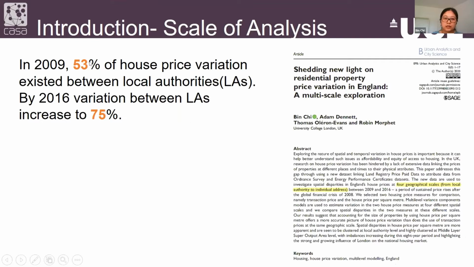What's more, in 2009, 53% of the house price variation existed between local authorities, and this increased to 75% in 2016. It means that during this period, house price per square meter within a local authority became more similar, but between local authorities became more different.